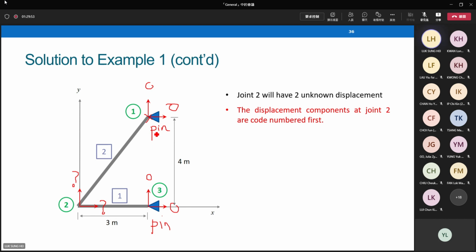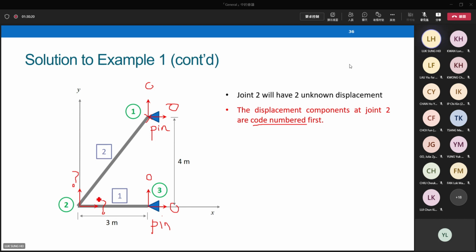Why is it important? According to the textbook suggestions, we assign code numbers at the positions with unknown displacement first. So according to the textbook method, we start assigning code numbers from the positions with question marks. We have 2 question marks here, one horizontal, one vertical.